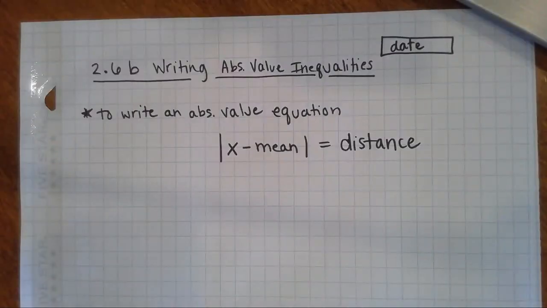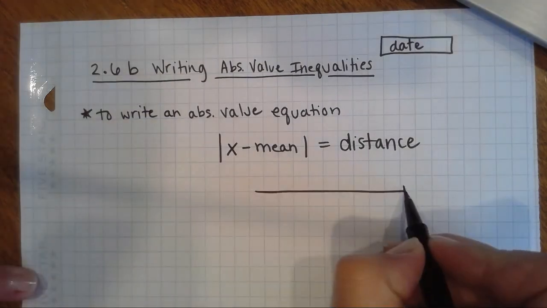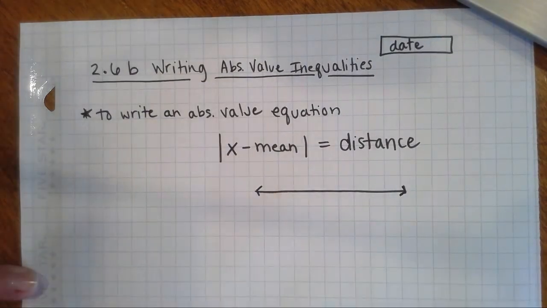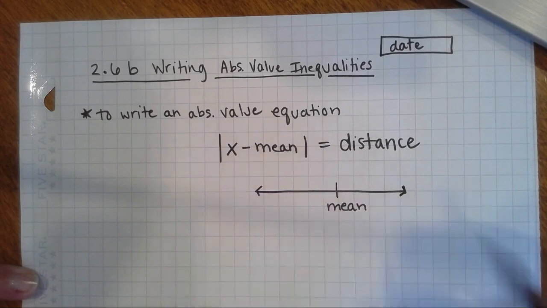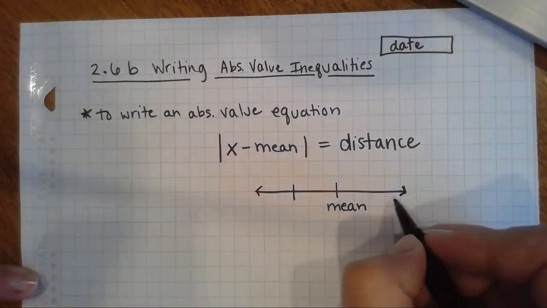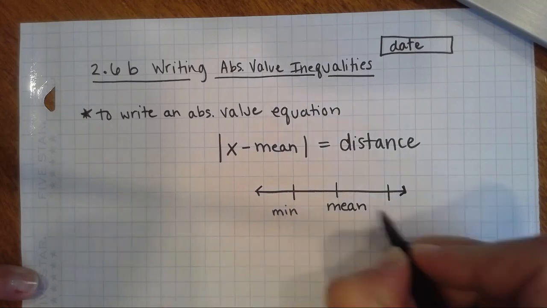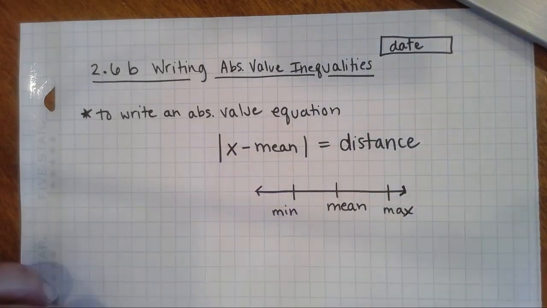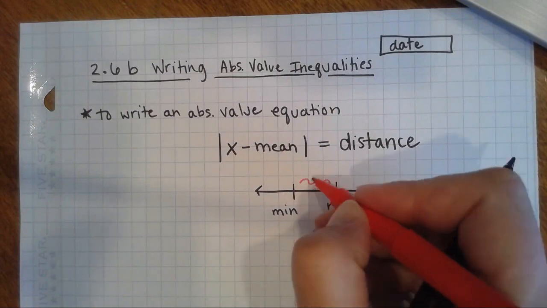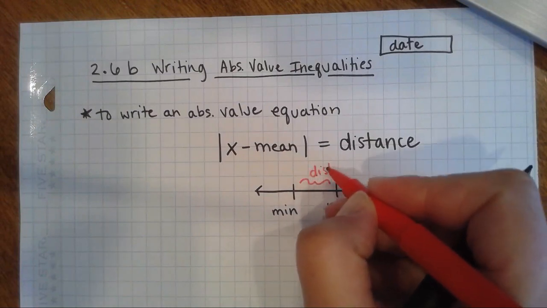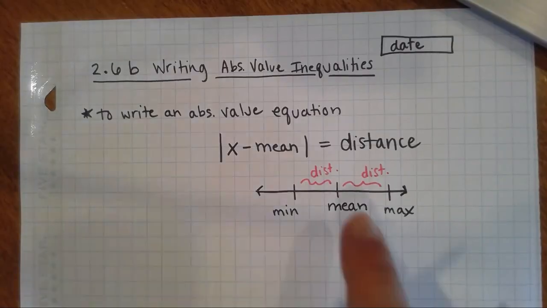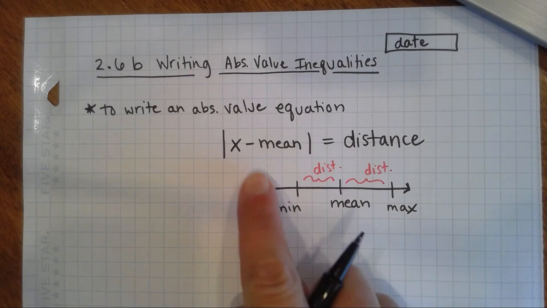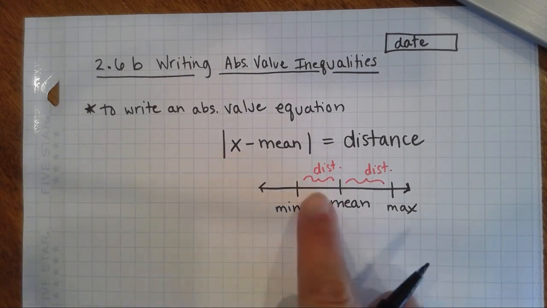So remember, if we had like our number line, and we have, say, our mean here, and then we have sort of our max and our min, right? And each of these little parts was a distance. And then to set up our equation, we would take x minus the mean, and it's equal to this distance.